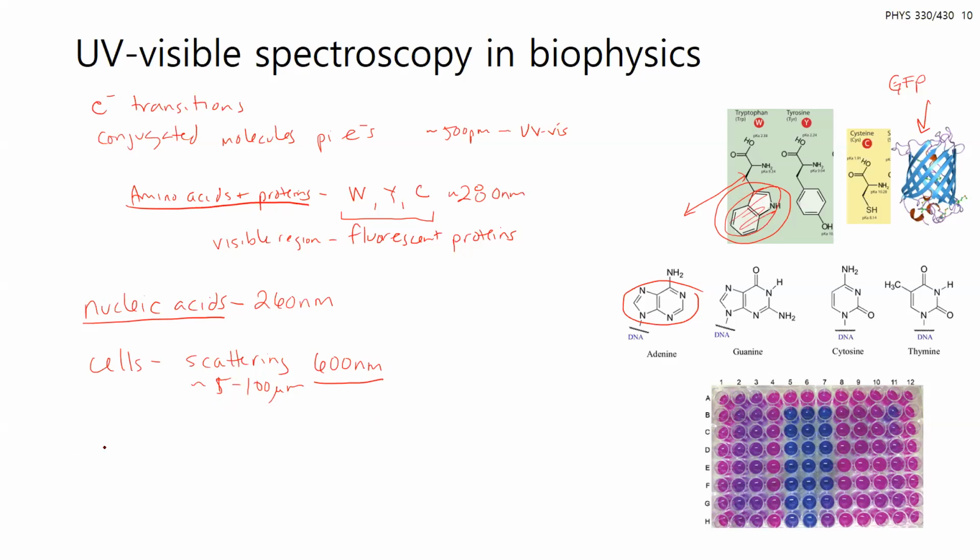And then finally, for other biomolecules, colorimetric assays are used. So let's say you're trying to detect a lipid that has this long hydrocarbon chain.